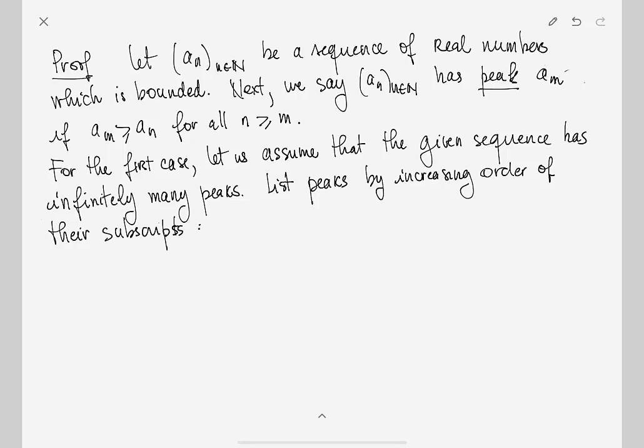So for example, we'll have a_{m_1}, a_{m_2}, and so on, a_{m_k}, and it keeps going in this fashion.